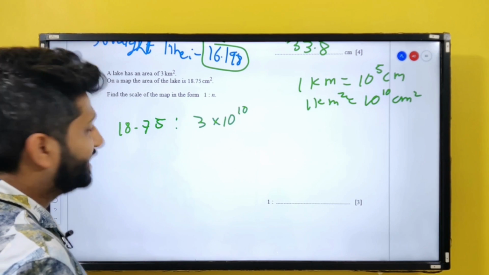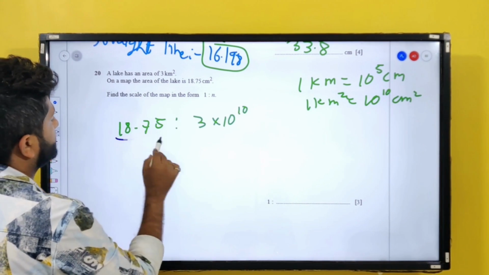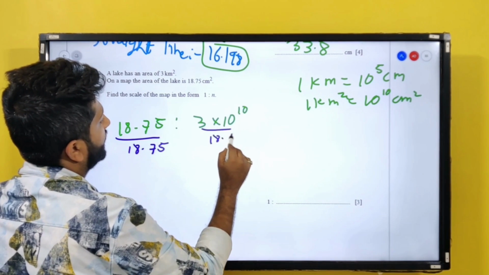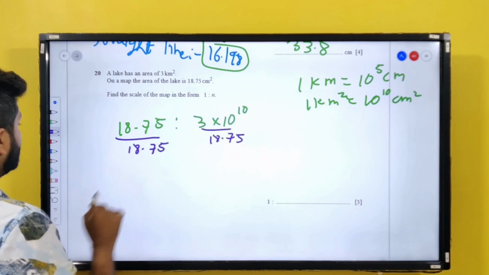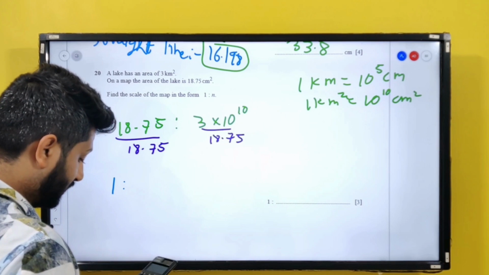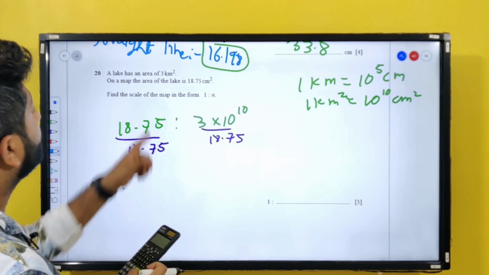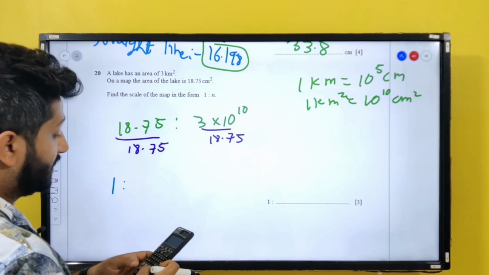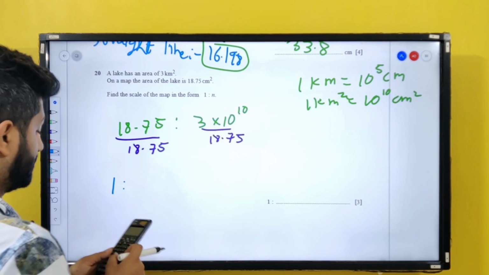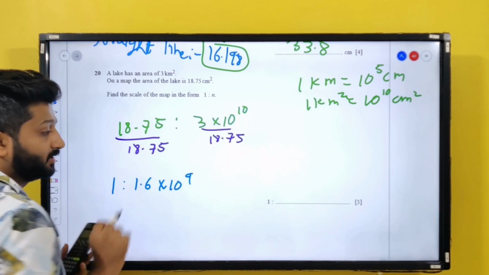Or let me do one thing. Let me divide both the terms with 18.75. Dividing both the sides with 18.75. So what I'll be left with? I'll be left with 1 is to 3 into 10 raised to 10 upon 18.75, which is 1.6 into 10 raised to 9.